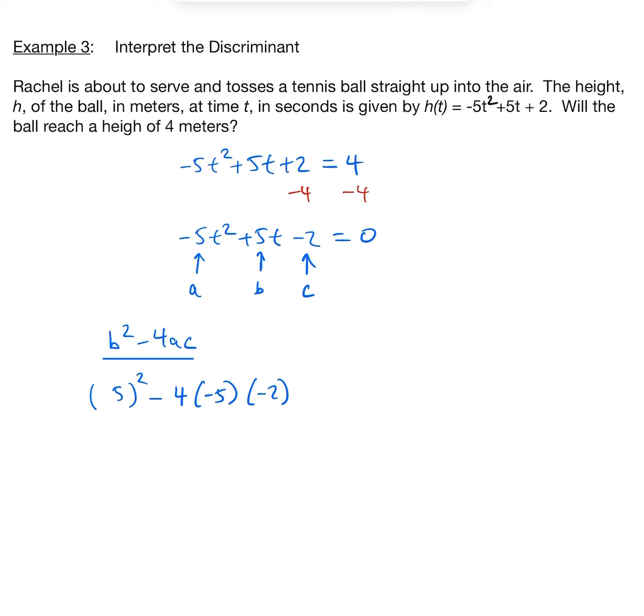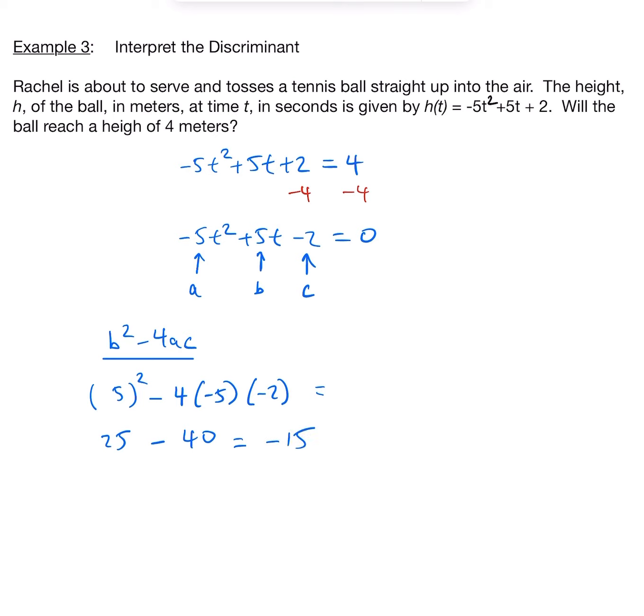That works out to 25 minus, negative 5 times negative 2 is positive 10, and positive 10 times 4 is going to be 40. That works out to be negative 15.